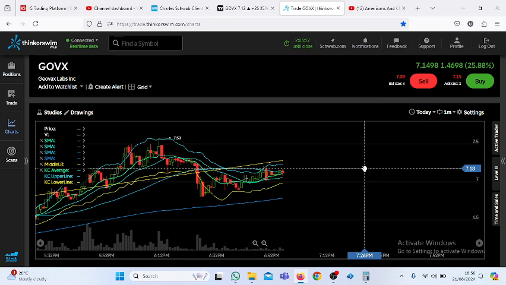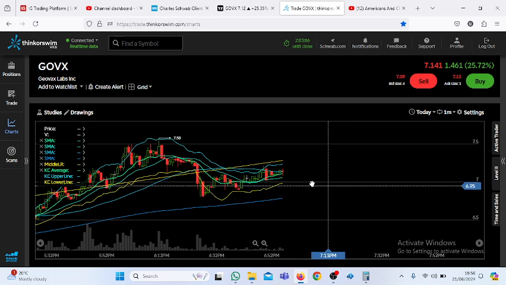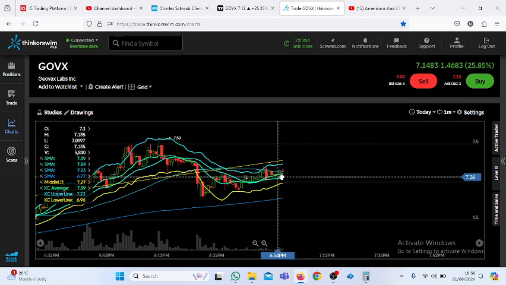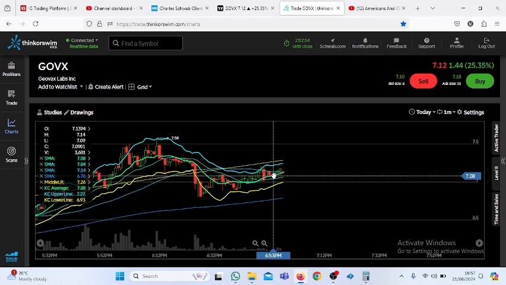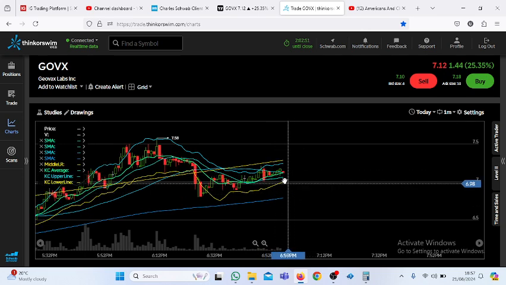Yes, regardless, it has continued to add more gains. So I think it has broken out of that contraction. The contraction, yes, is very much in effect. It has contracted even further than we saw it earlier on. It was around here. You can see that the 40 period moving average and the 10 period moving average have just converged.